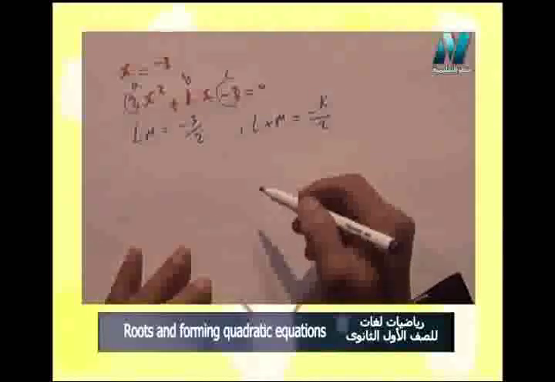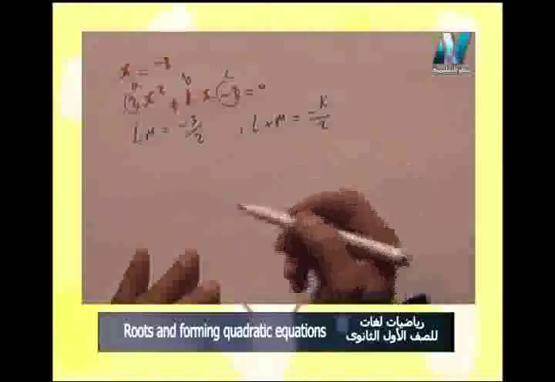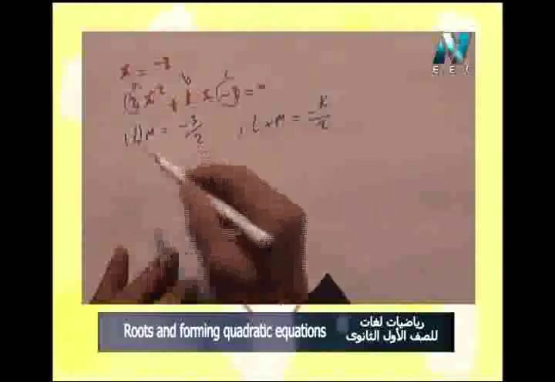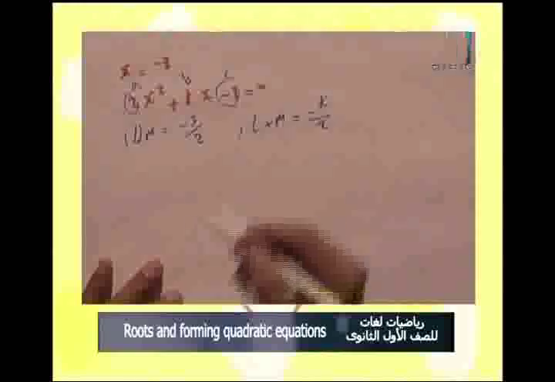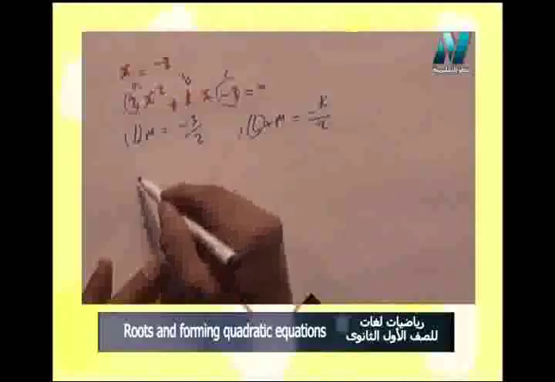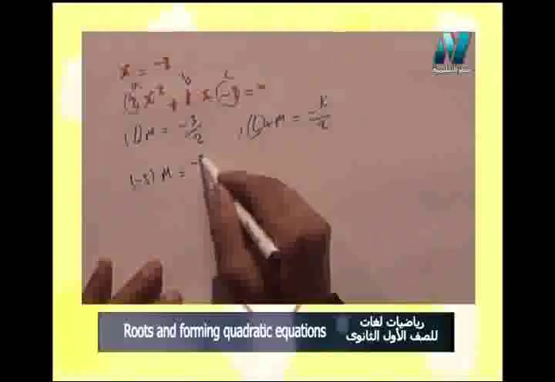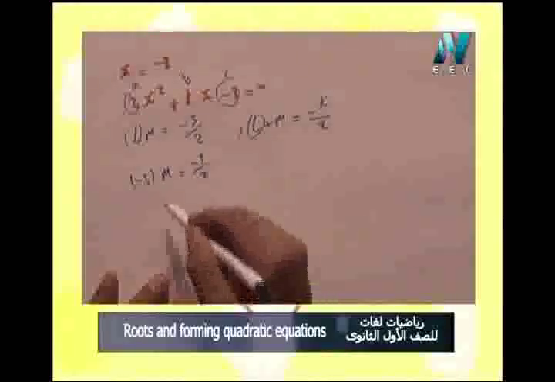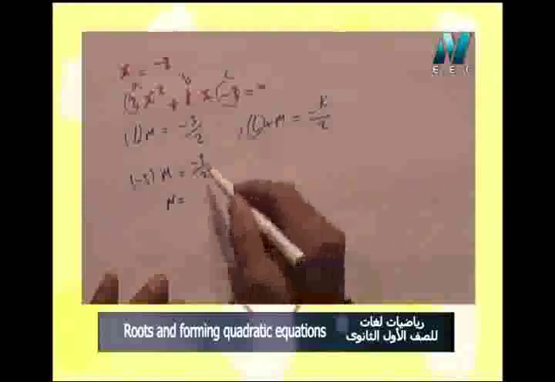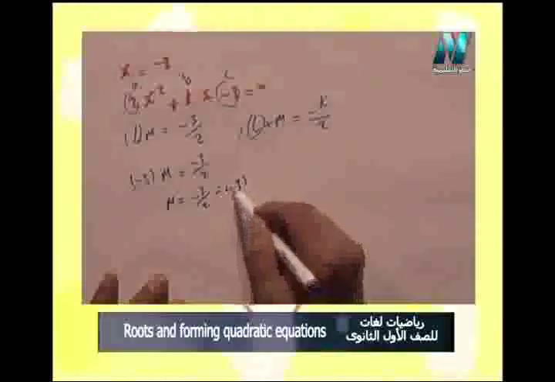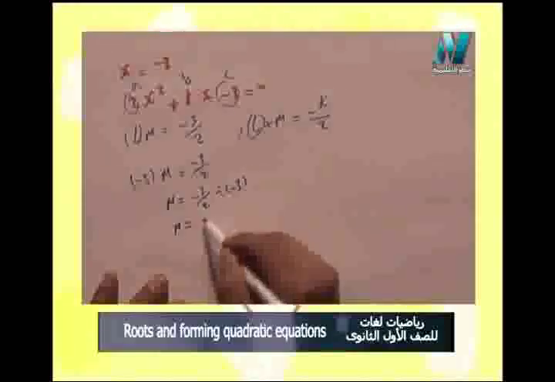And we know that one of the roots equals negative 3. So if we put negative 3 instead of L, negative 3 multiplied by m equals negative 3 over 2. So m equals negative 3 over 2 divided by negative 3, and m will be half.